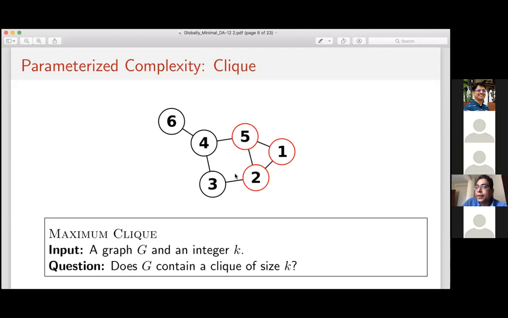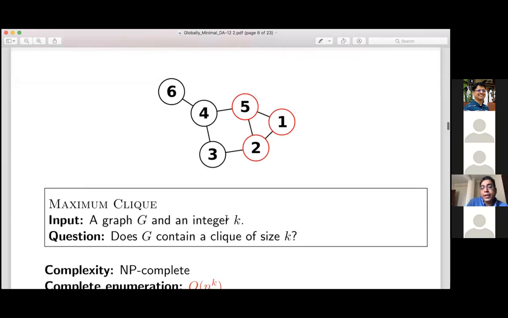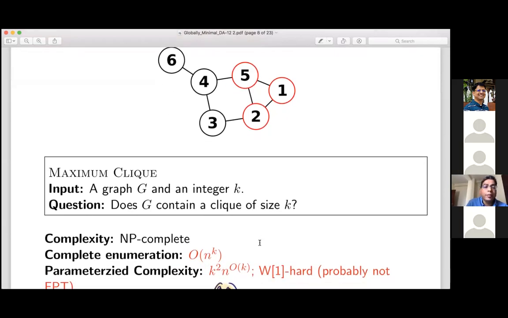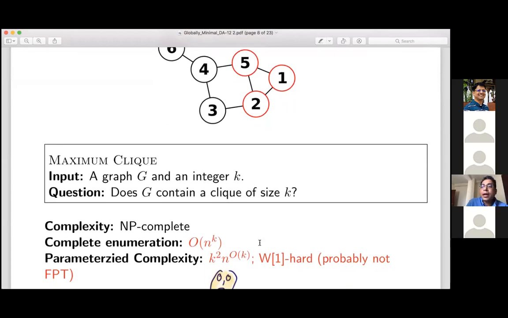So given an arbitrary graph and an integer k, the question you're asking is: does G contain a clique of size k? It's a hard problem to answer whether the graph has a clique of size k or not. And it is known that this problem is NP complete. What you can do about this problem, again, is try out all k subsets and see whether the k subset that you have selected forms a clique, that is, a complete subgraph or not.